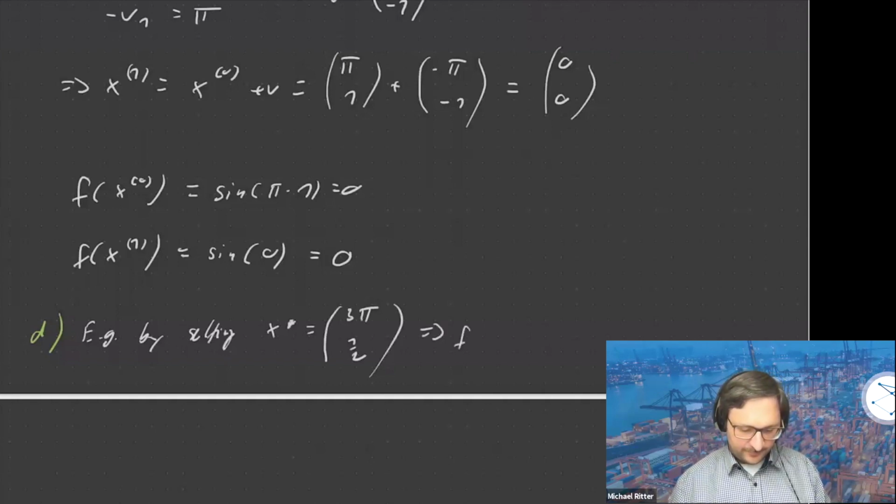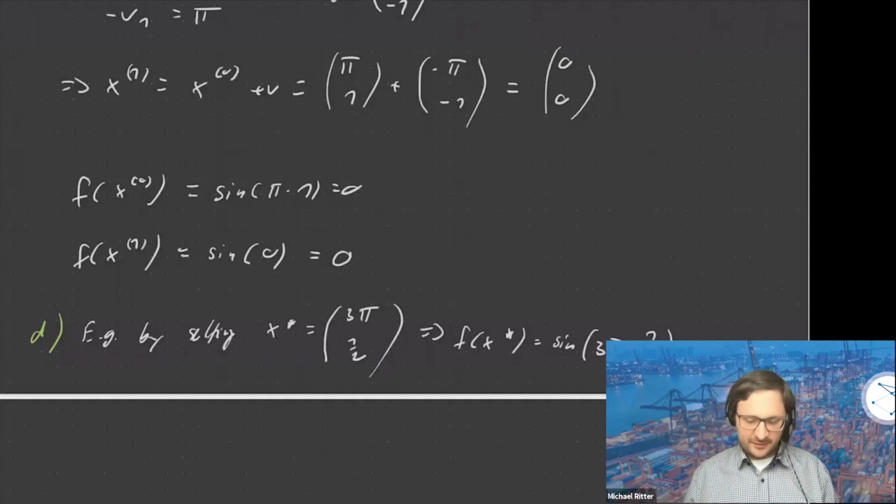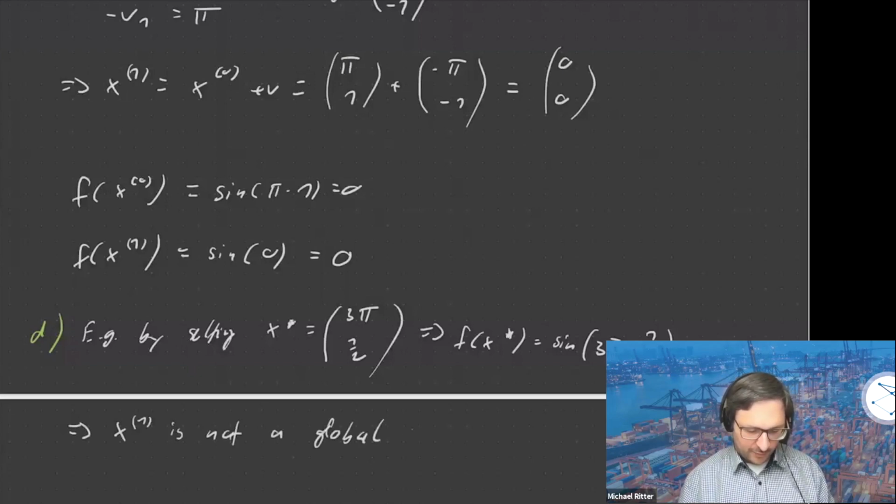Then f of x star would be the sine of 3 pi times 1/2, and that's minus 1. And that is less than 0, okay? So obviously, x1 is not a global minimum.